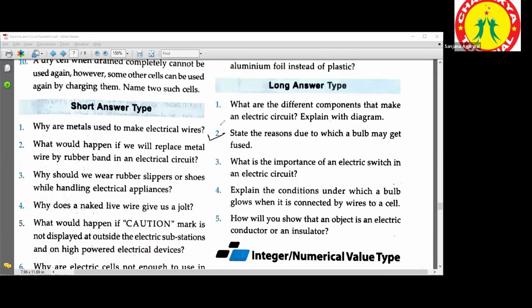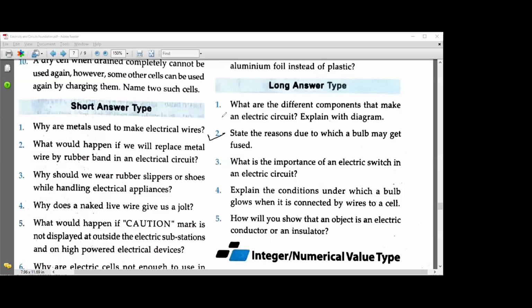Okay, first do second only. The reason due to which a bulb may get fused. Can you think for the second question? For what reason a bulb may get fused?